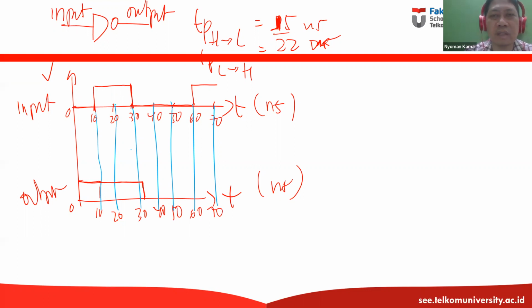So 30 plus 15 will become 45. So it becomes in here. So this will be the actual output signal of the inverter because there is a delay.